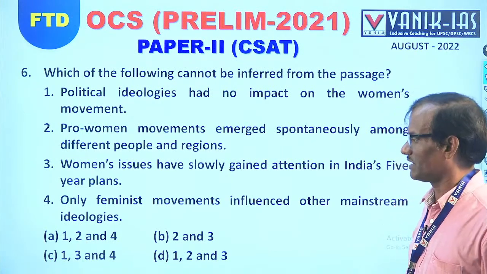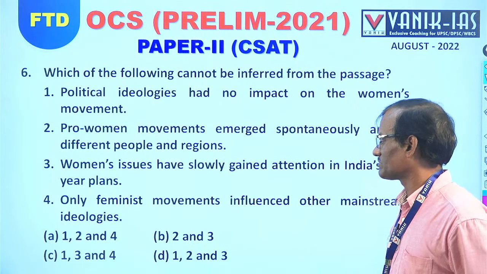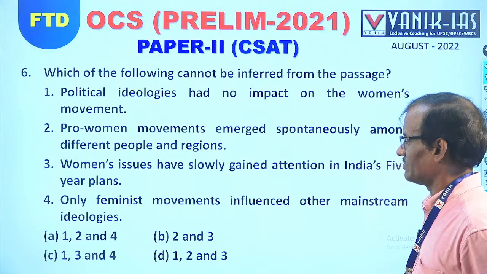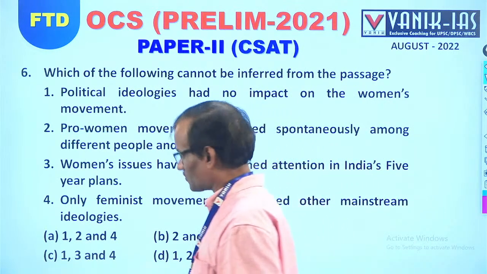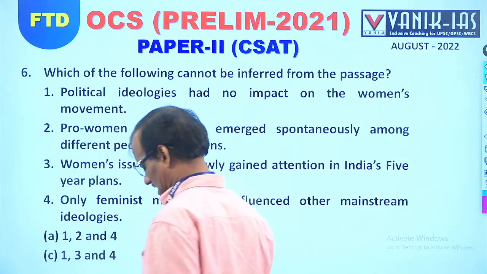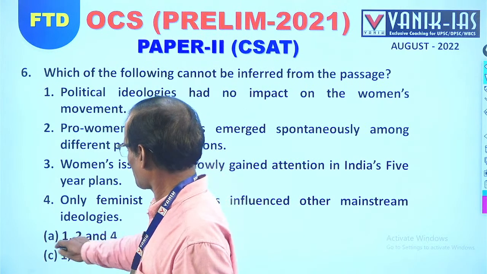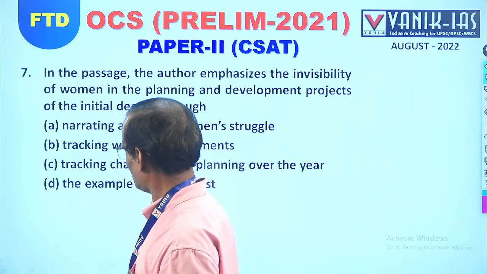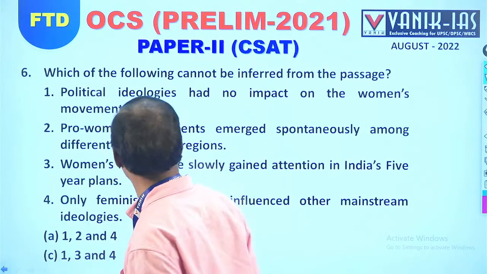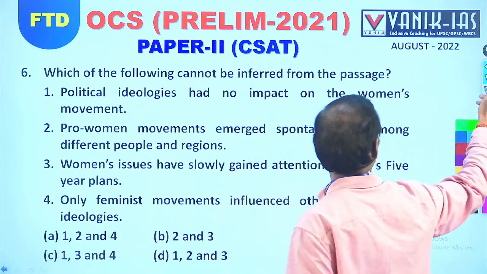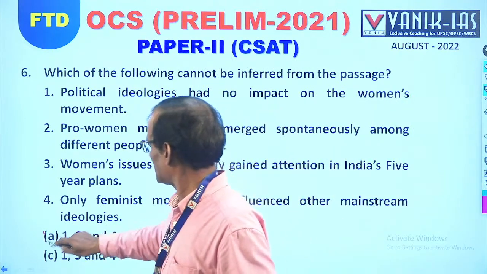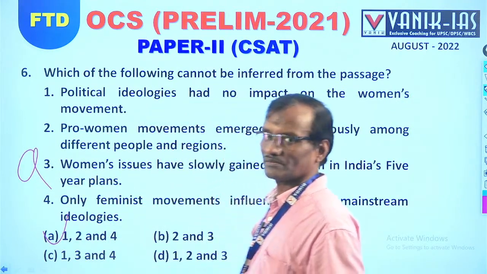No, that is not there. Women feminist movement influenced other mainstream ideologies also. So, that is 4. 1, 2, 4. So, question number 6 is answer A. Sorry, question number 6 will be answer A. So you can best describe the answer. It is A. Got it?